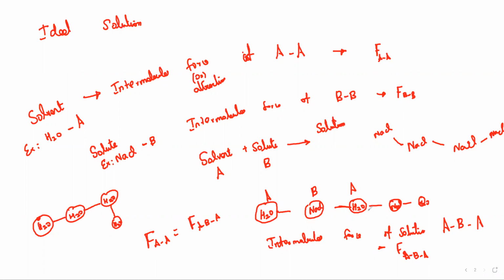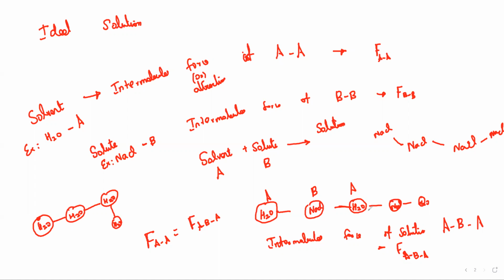So we have a solvent, it has its own intermolecular strength. If we add sodium chloride in between two water molecules, and the intermolecular strength of the existing solvent is not disturbed, that means the new intermolecular strength is equal to the old intermolecular strength.